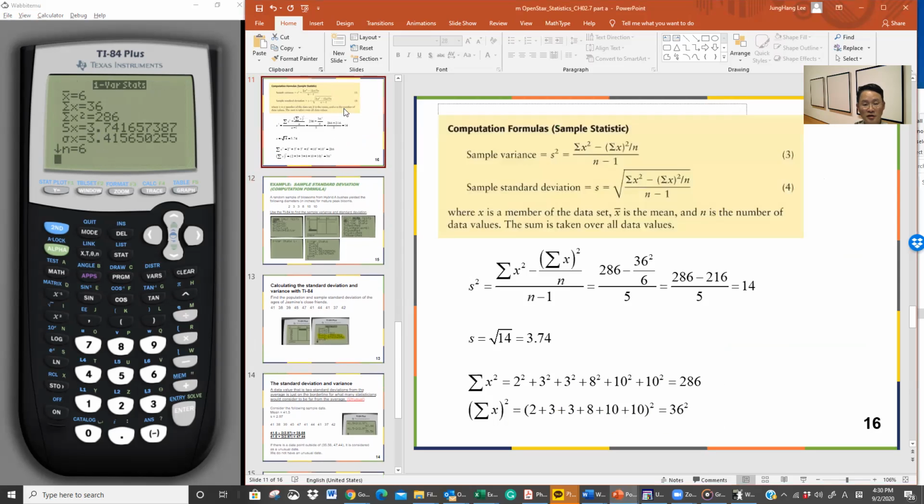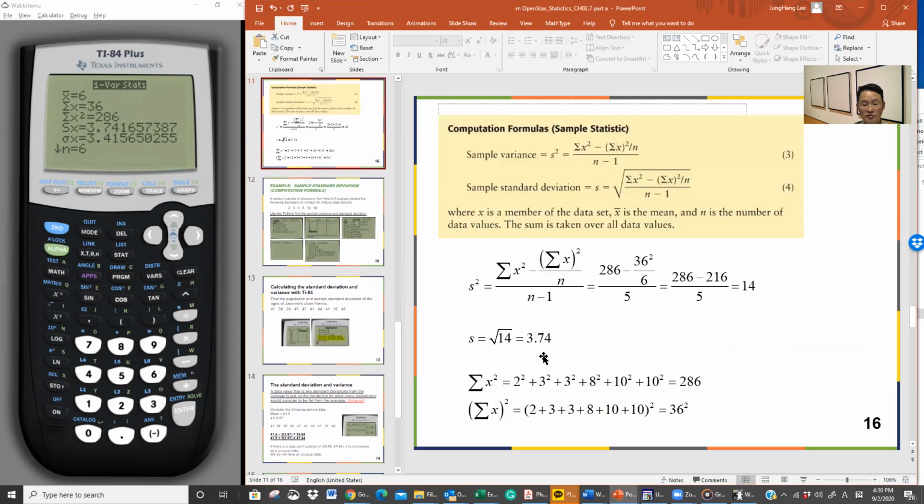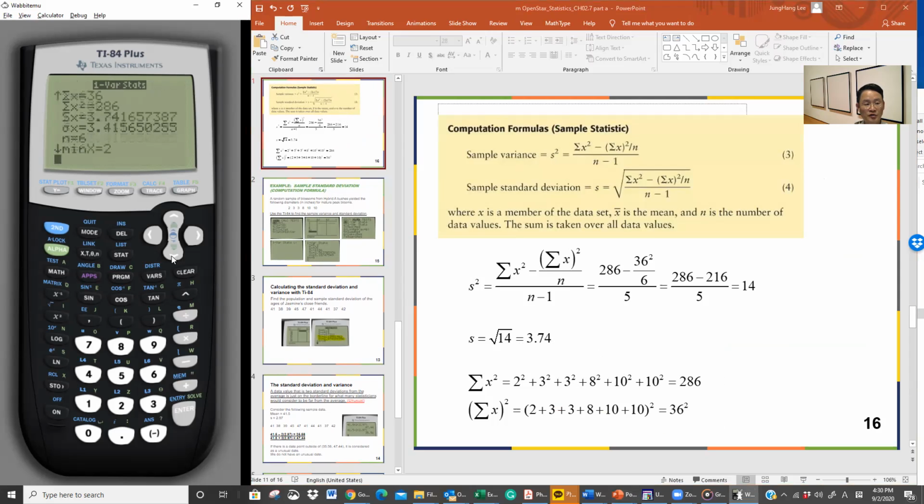We have this calculation right here, and we got the same answer. And remember, last chapter we talked about the 5-number summary from the minimum to the maximum. It's also here as well.